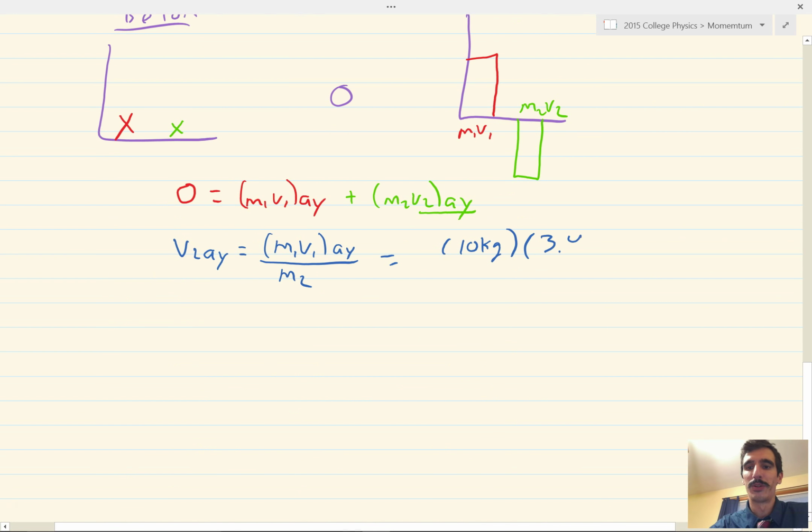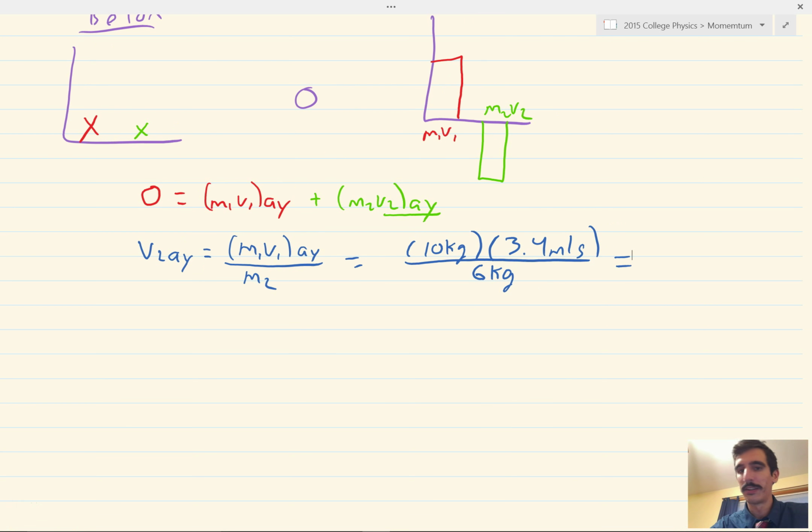So times 3.4 meters per second all over the mass of object 2, that's 6 kilograms. And we do that on a calculator. We get V2AY is, oh, I forgot my negative, sorry. Negative there, and a negative there, because we subtracted it over. So V2AY is negative 5.7 meters per second. And that's V2AY.